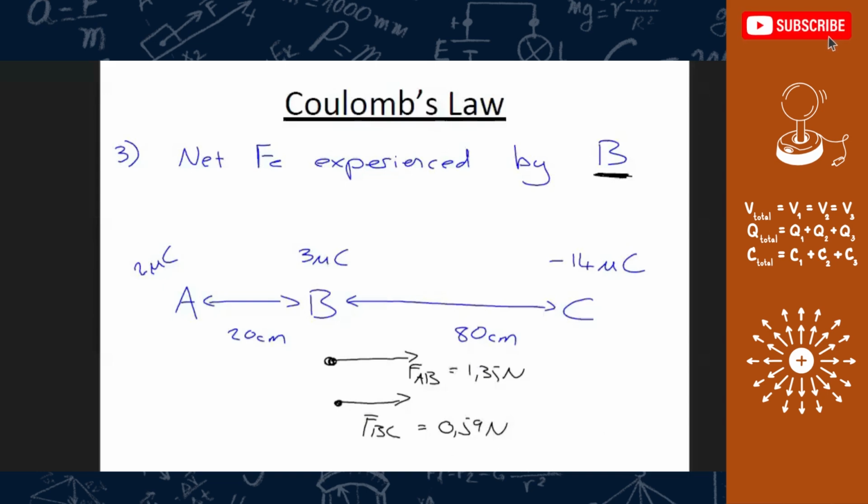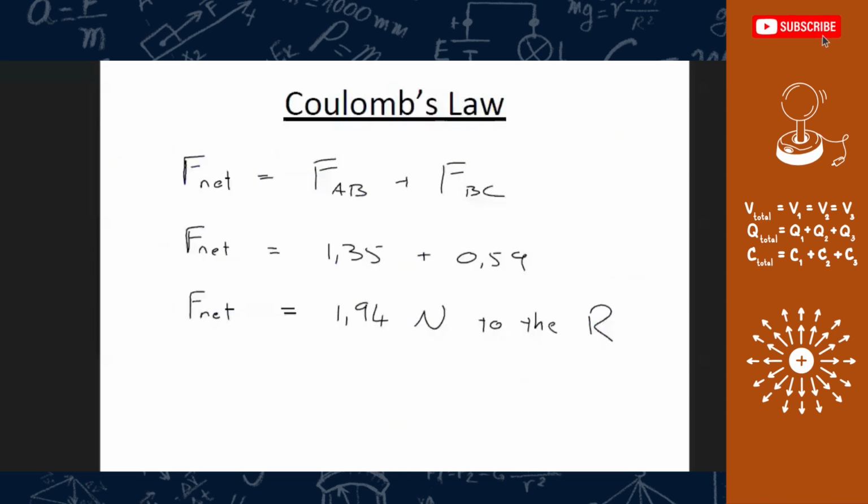And for us then to get the resultant, because now they're going in the same direction, all we would have to do is add them. We get a resultant force of 1.9 newtons on B to the right because of A and C.